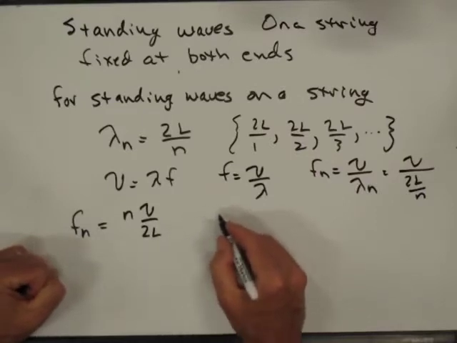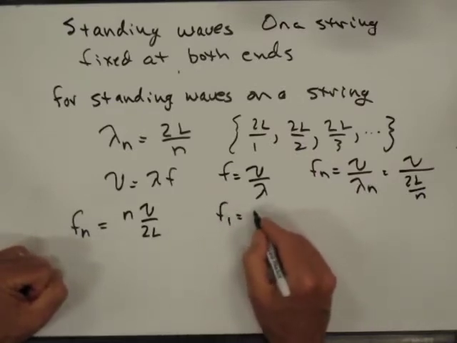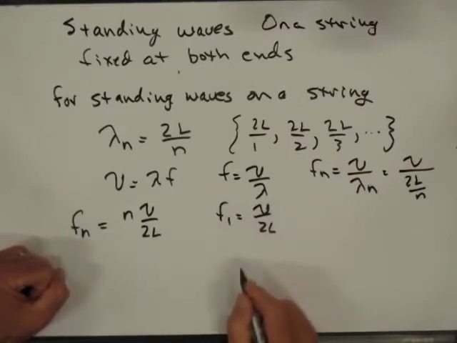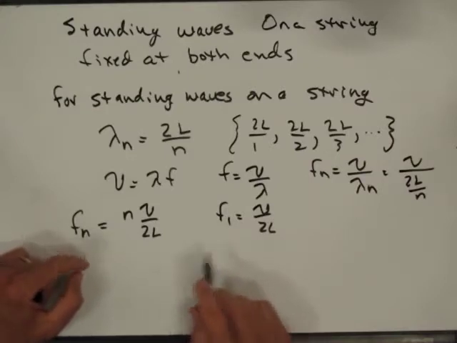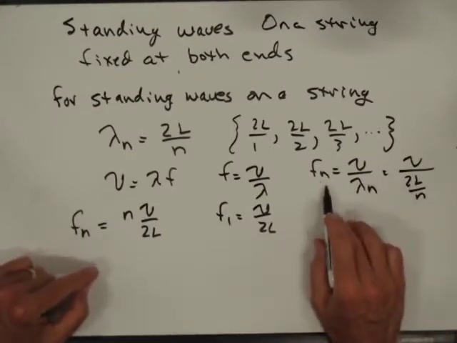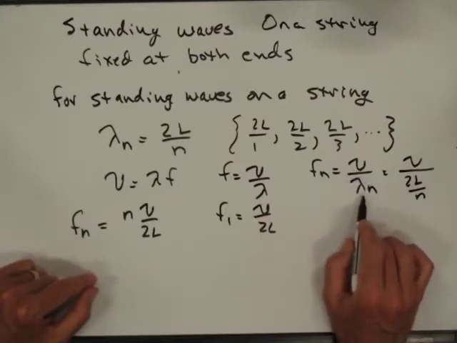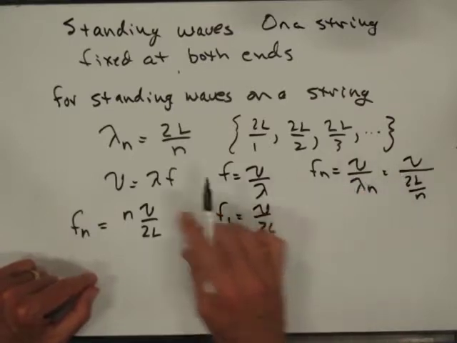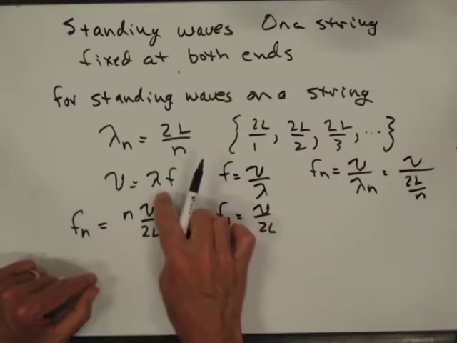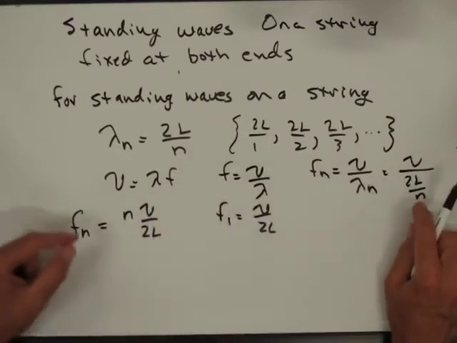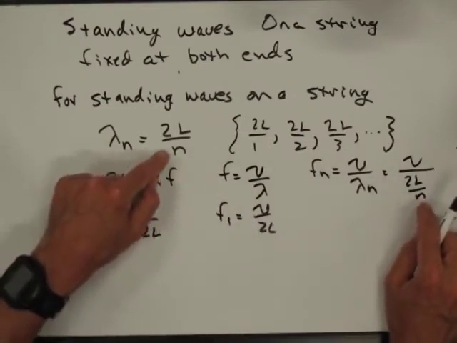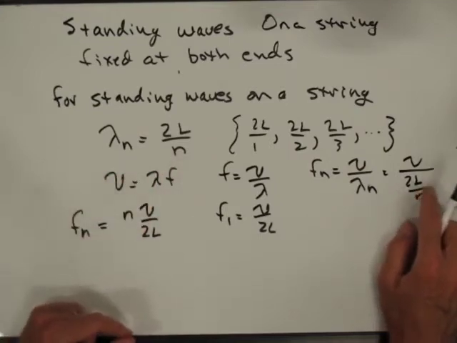So f1 is just v over 2L. You follow that? So here's the frequency of the nth harmonic. It's just the velocity of the wave divided by the wavelength of the nth harmonic. That just comes from our standard velocity relationship between the wavelength and the frequency. And then if you just plug in what the wavelength of the nth harmonic is in terms of the length of the string, you get this formula.